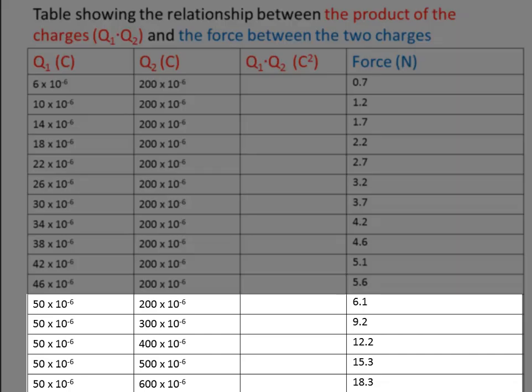You can see for this section we controlled Q1's value at 50 times 10 to the power minus 6 coulombs. We increased Q2's value from 200 times 10 to the power minus 6 all the way to 600 times 10 to the power minus 6. And indeed the force between the two charges did increase from 6.1 up till 18.3.